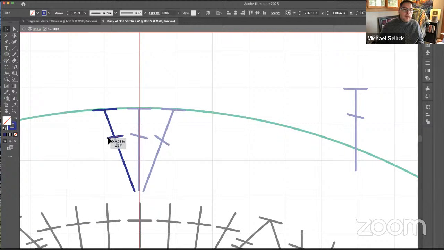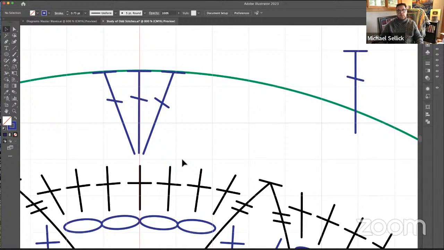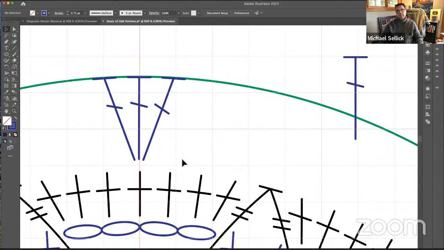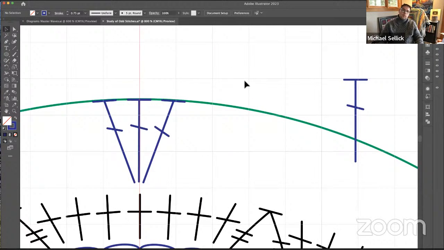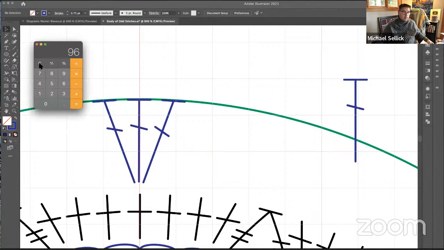So these angles have to be matching. They can't just reflect like that. Okay, so I got to calculate how many pieces that I have in this. So I'm going to have 1, 2, 3, 4, 5, 6, 7, 8. 8 times 12.